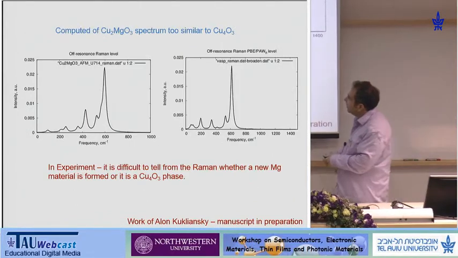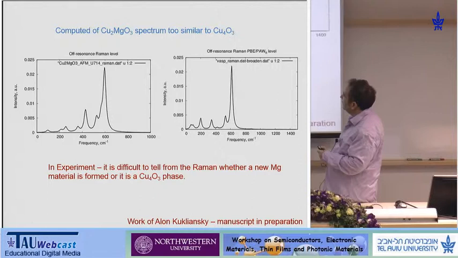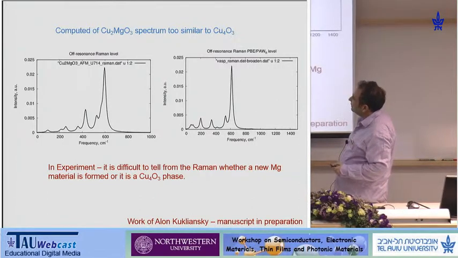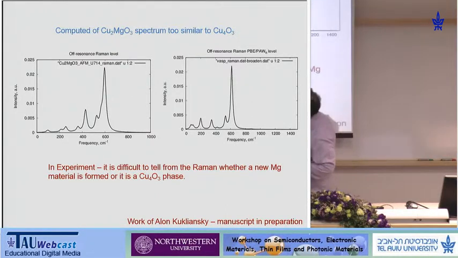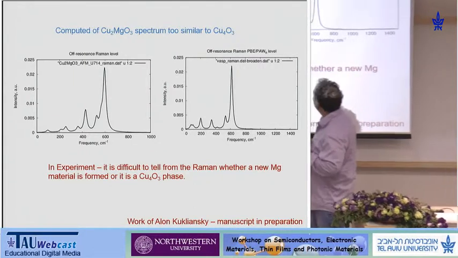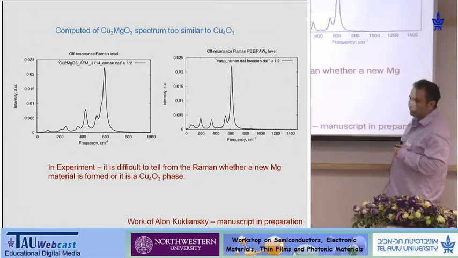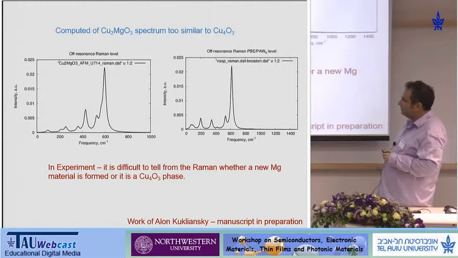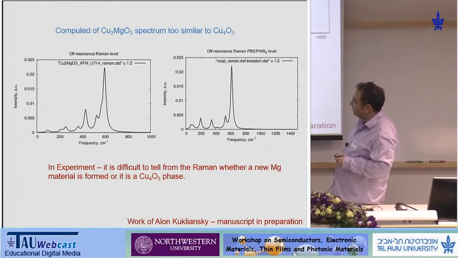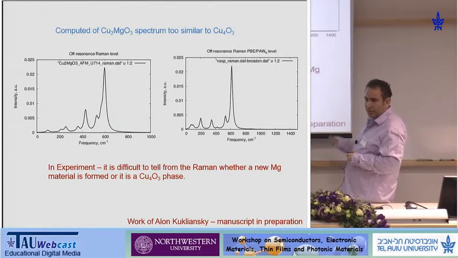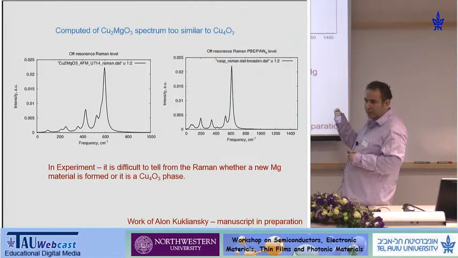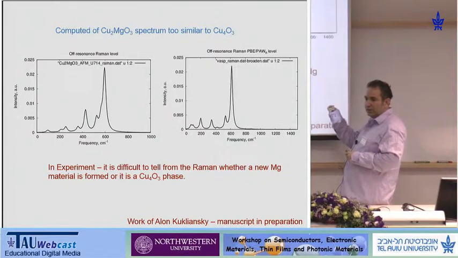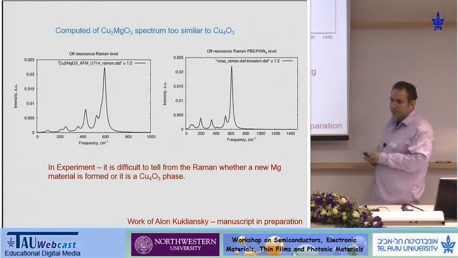Now, if I go back to the original problem, then you can see that this is the copper-magnesium compound and this is the Cu4O3. They are not very far, and we're still trying to check whether we can easily compare between them and find a specific peak that will tell us that we have this compound and not the other.